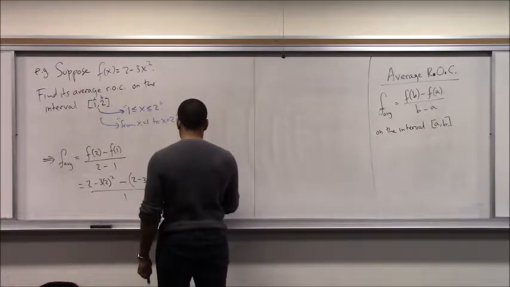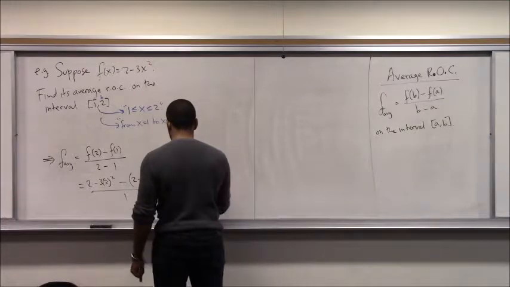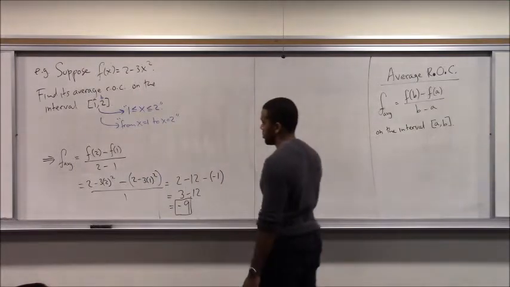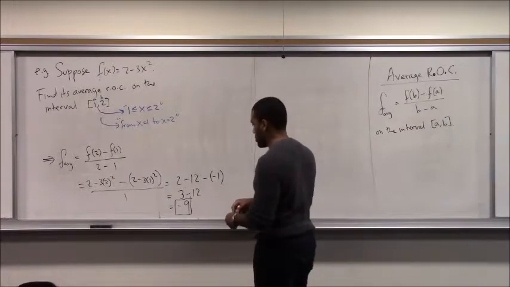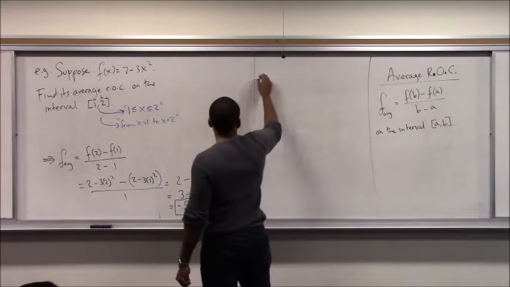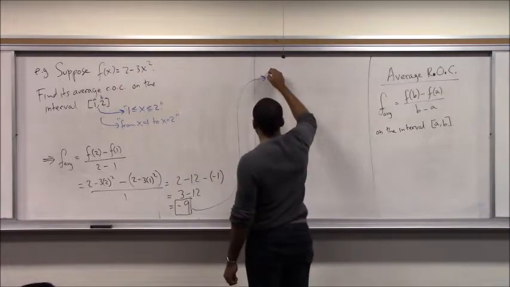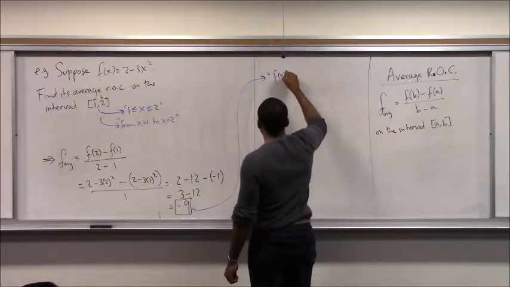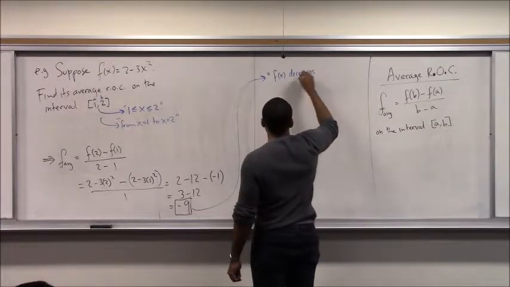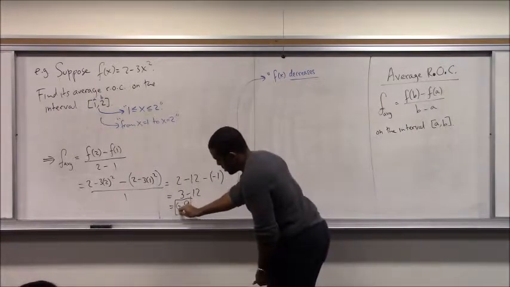So that's minus 9. And by the way, here's how you can interpret this number: it basically says f of x decreases, right? That's what the negative sign means.